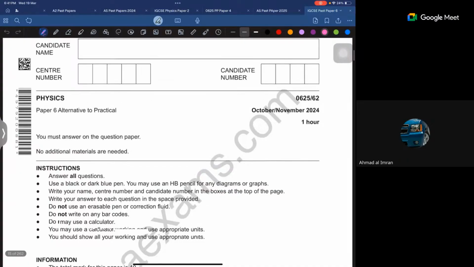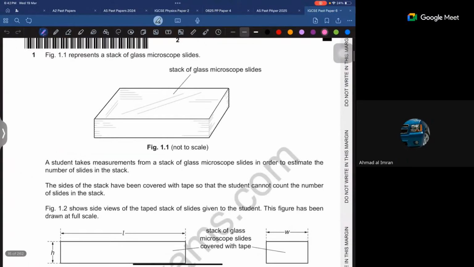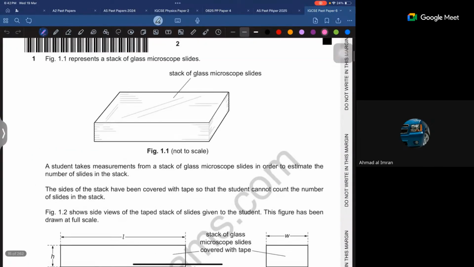In this one, usually we want to be very careful about this paper because you have to watch for the significant figures and other stuff as well. So let's have a look at everything and see how we can make it super fun and easy and get the most out of it.